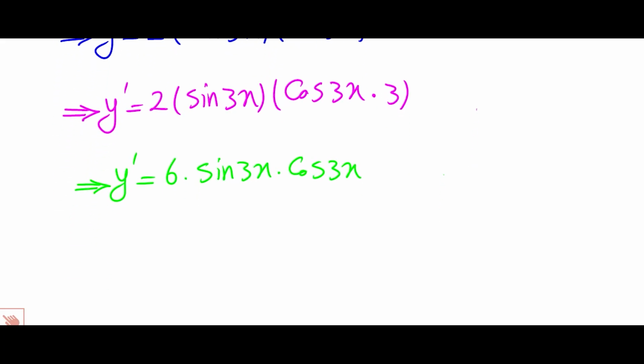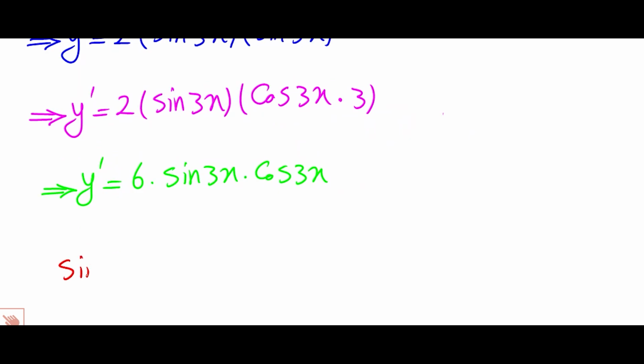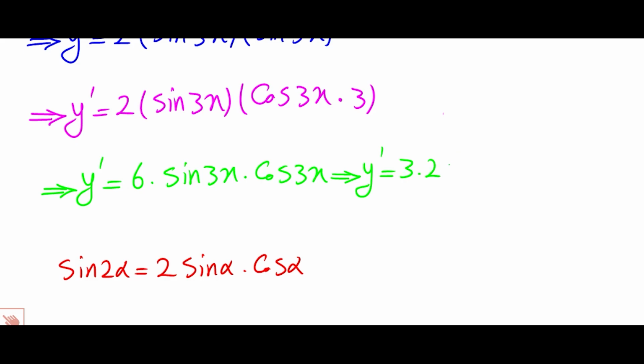And finally, we know that sine of 2 alpha is equal to 2 times sine of alpha times cosine of alpha. So we can see y prime is equal to 6, which is 3 times 2, and sine of 3x times cosine of 3x.